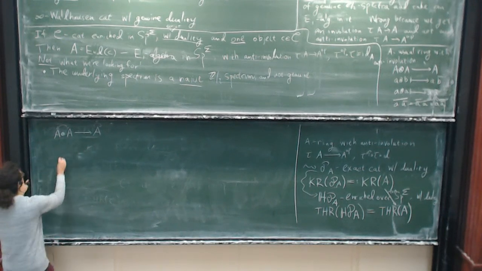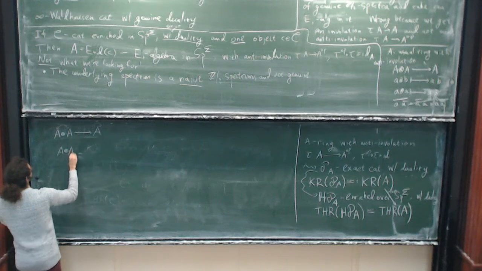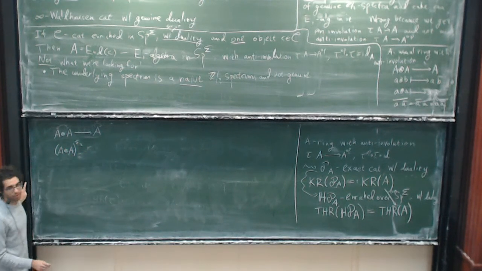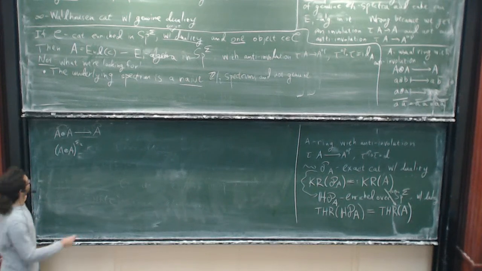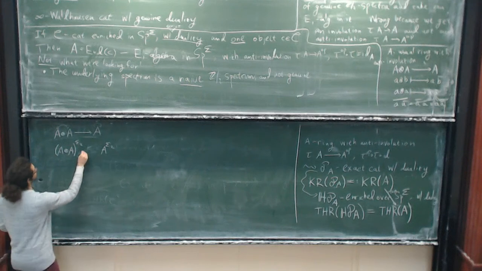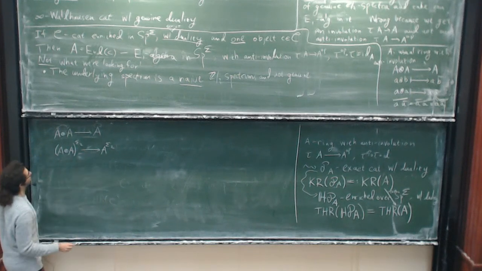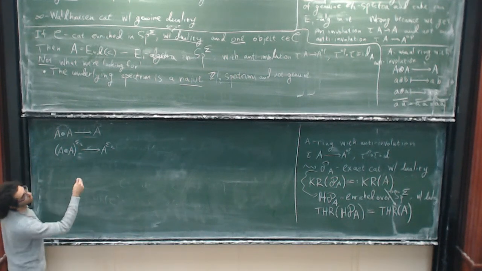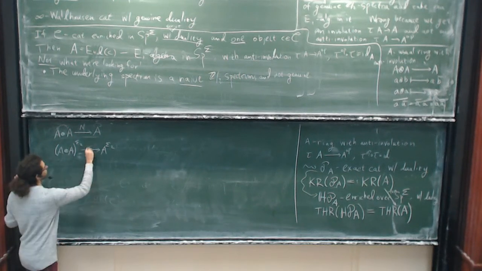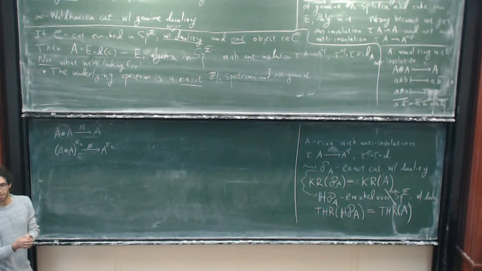And if you take the fixed points here, let's call it sigma 2, and you take the fixed points here, this induces a map here, right? So what should we call it? Let's call it N for norm, and the norm induces a map here again.